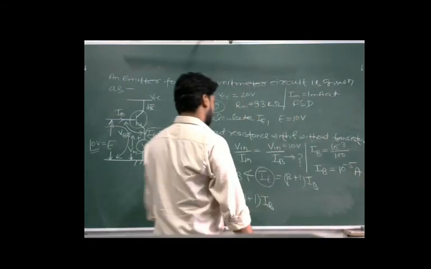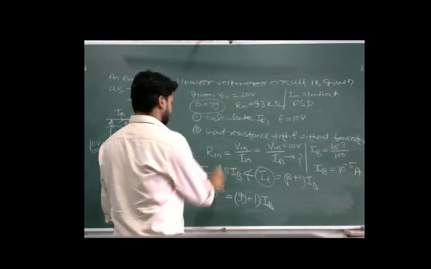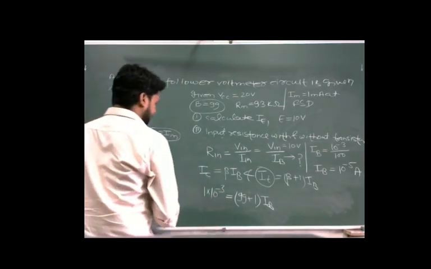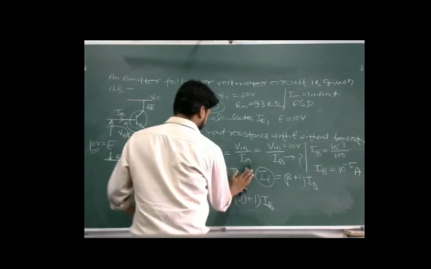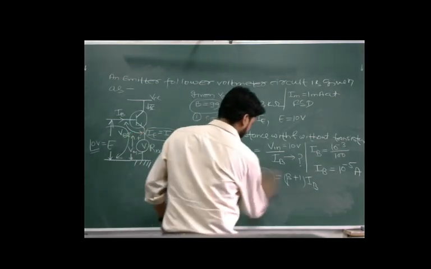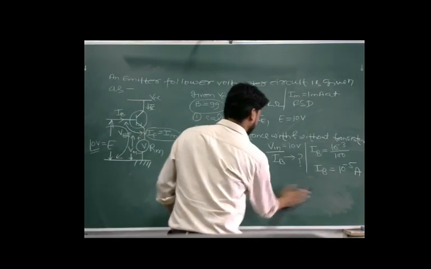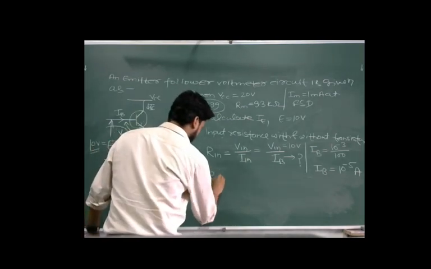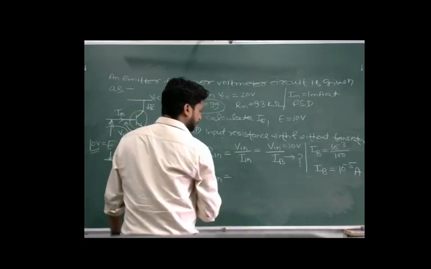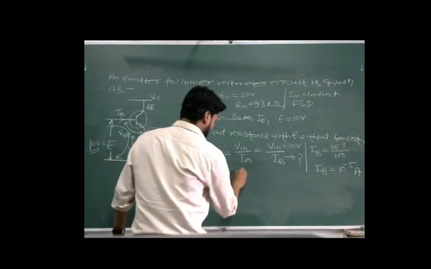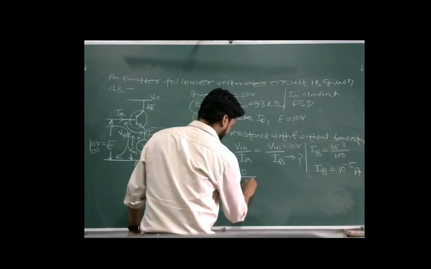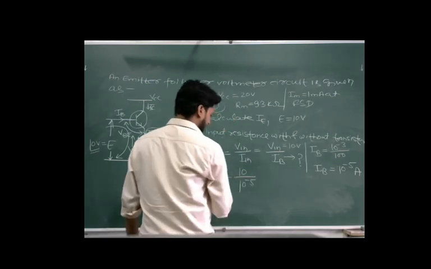From here we can calculate the input resistance. Rin is equal to 10 volt upon 10 power minus 5 ampere.